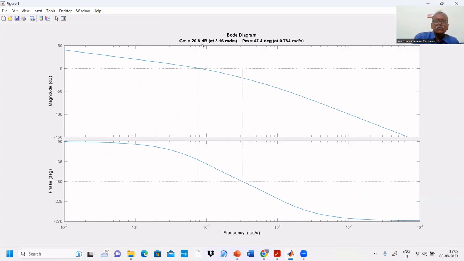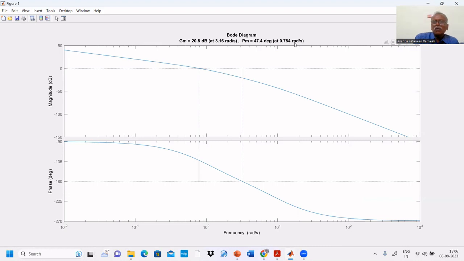Now the gain margin is 20.8. We also got 20.8 by hand. This 20.8 is the magnitude at the phase crossover frequency, where the phase crosses 180 degrees. At that point, which is 3.16, the magnitude is minus 20.8. Minus of minus 20.8 is 20.8, so the gain margin is 20.8.